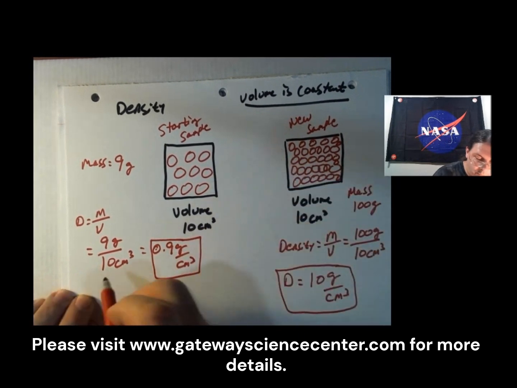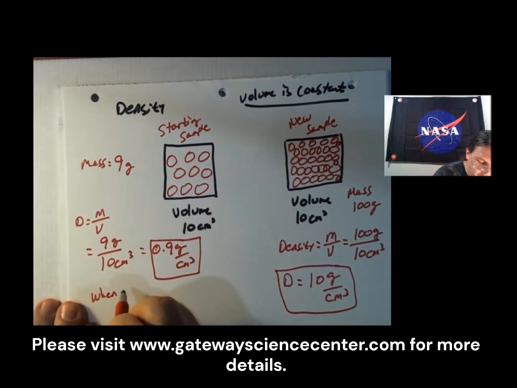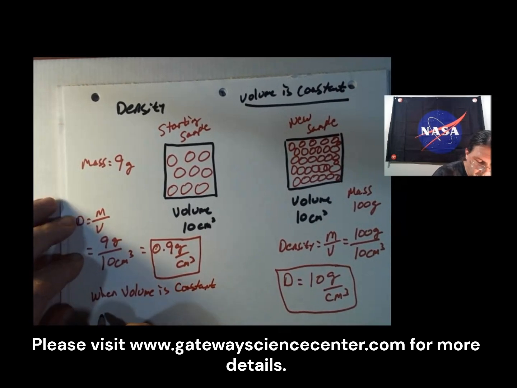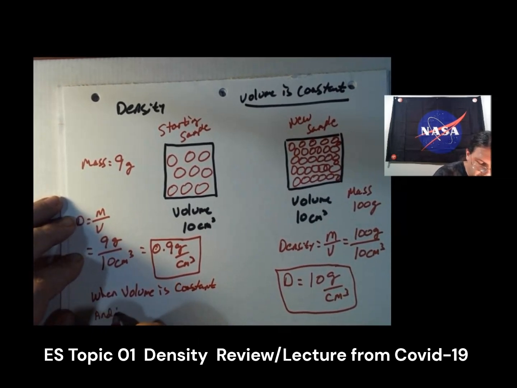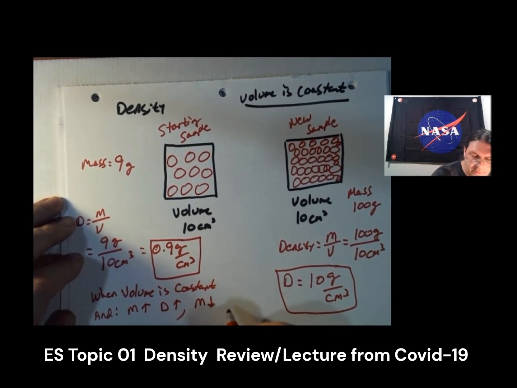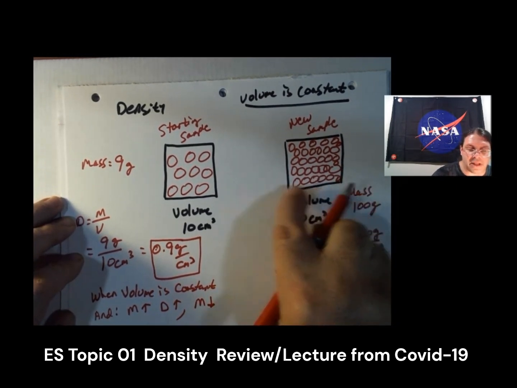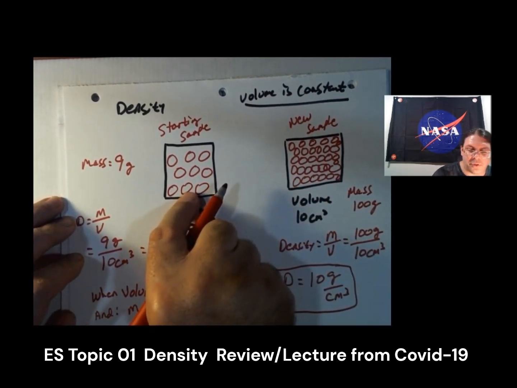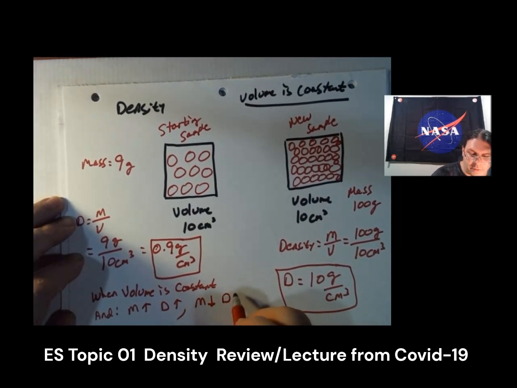So when volume is constant and mass increases, density increased. If mass decreases, what do you think is going to happen? Let's say that was my original mass. Then it went this way. So I was here and I took out a whole bunch of mass. What would happen? The density would also decrease.